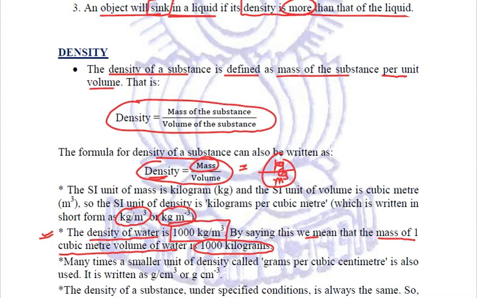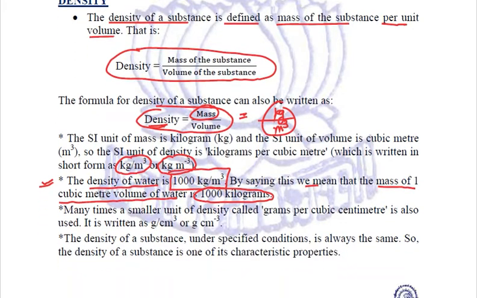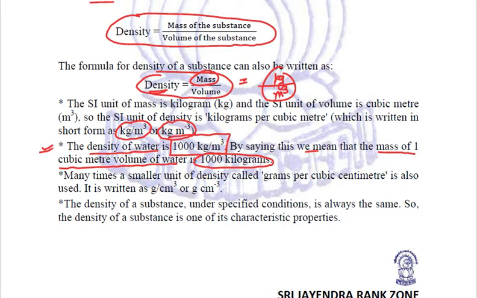This is when we are using SI units. But if we express the density in smaller units, it is done in gram per cubic centimeter, which is written as g per cm cube or g cm minus 3.